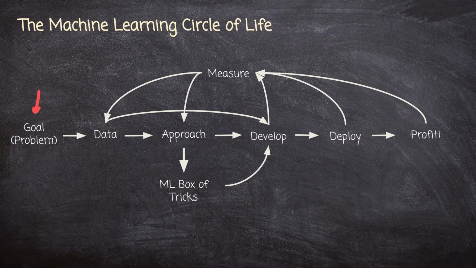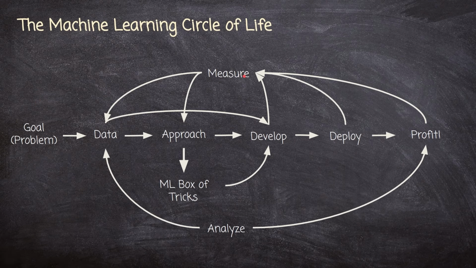Now, there's another aspect too, and that is to analyze all this stuff. And we can do that independent of measuring. And when I say analyze, we're able to look at our data even before we get to our approach or we develop anything. We can look at our data and say, hey, this data doesn't look quite right. We might need to collect some more data or collect it in a different way.